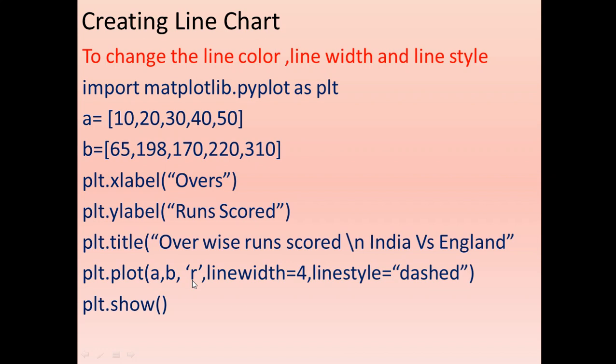Small g stands for green, y stands for yellow, and b stands for blue. There are many color codes specified in the book; you can see them displayed in the form of a table. So you can refer to the book for the different color codes. So r stands for the red color.